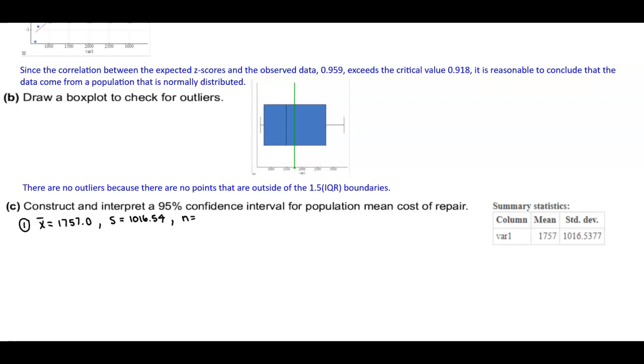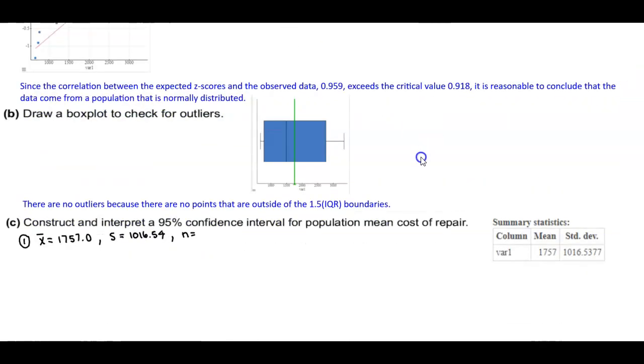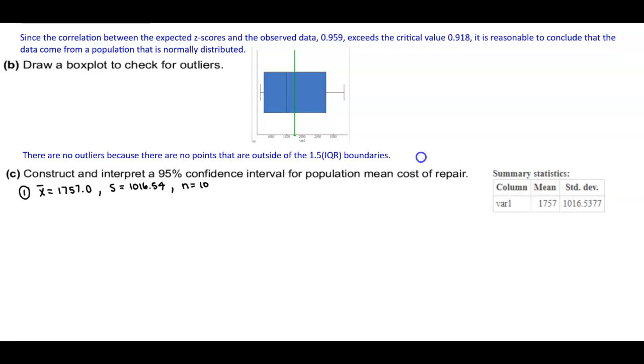We know that our sample size, from up here, is 10. And so now we need to determine what is the critical value. Okay, so to determine the critical value, we know that alpha is going to equal 100% minus the confidence level of 95%, which gives us 5%. And as a decimal, this becomes 0.05.